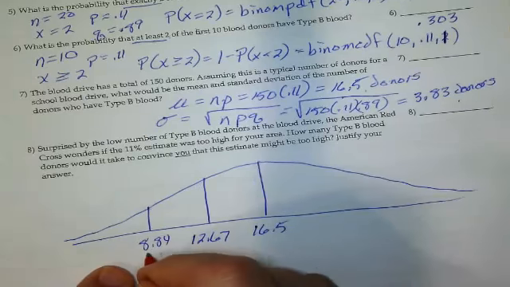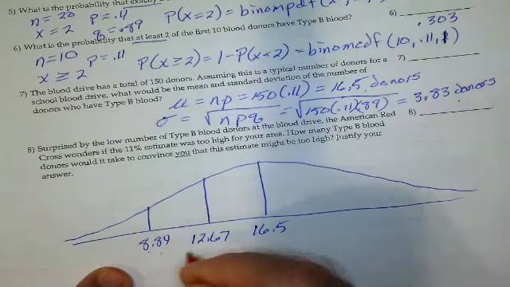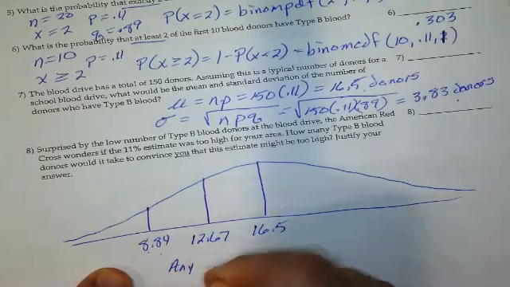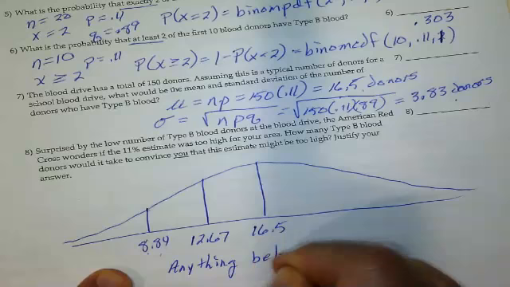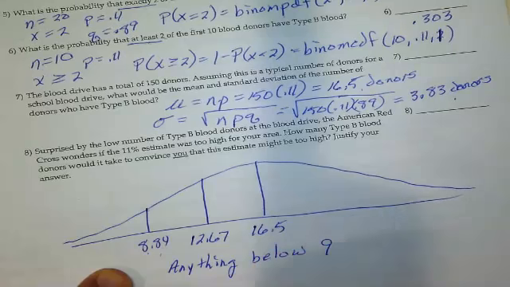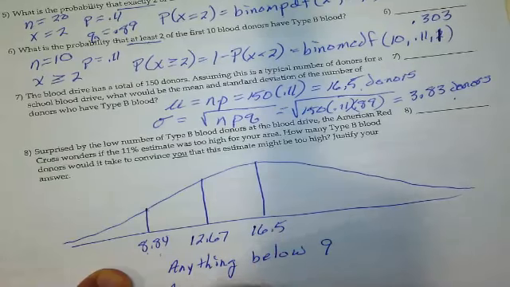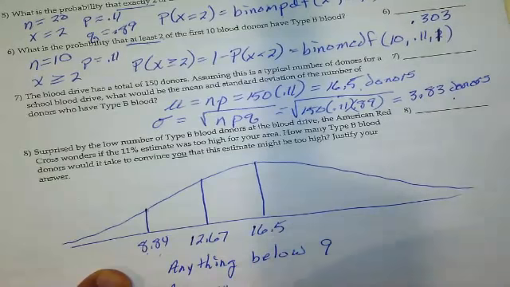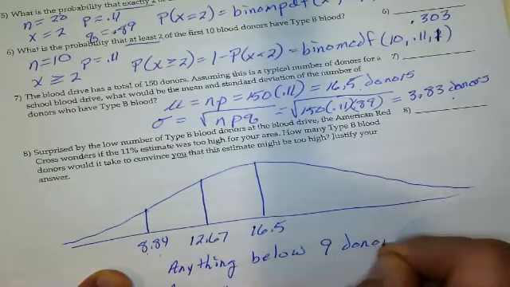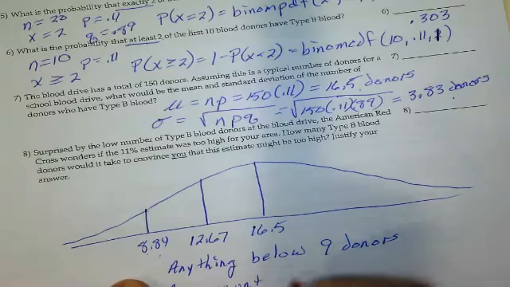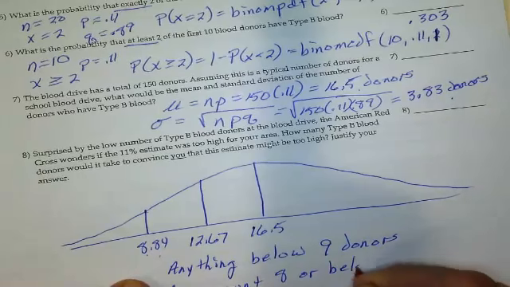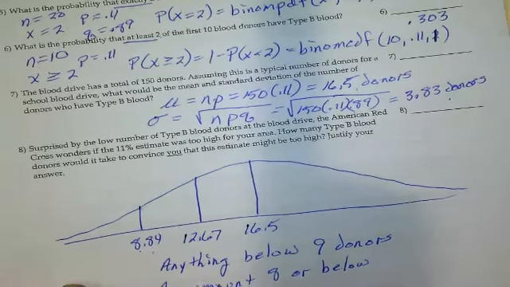So because this is really close to 9, we could say any amount below 9 donors, or 8 or below, we would consider unusual.